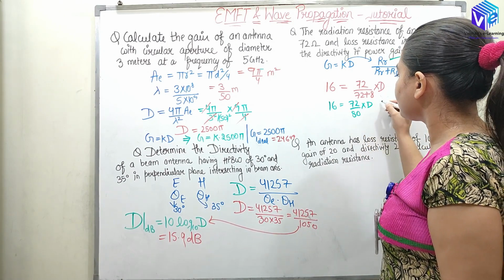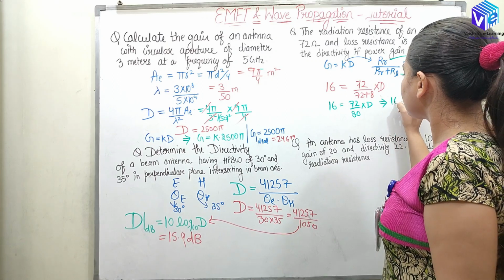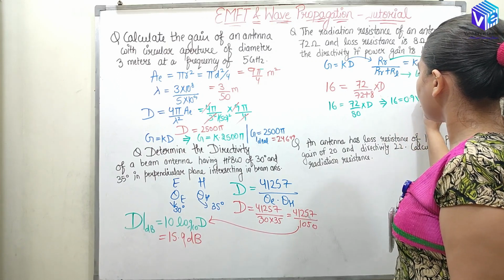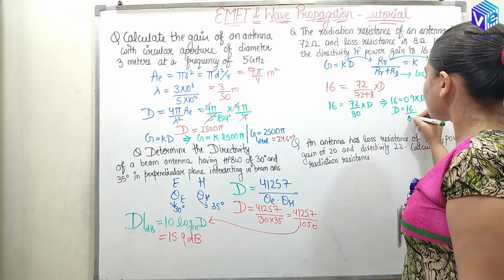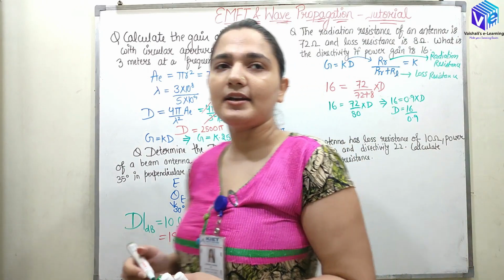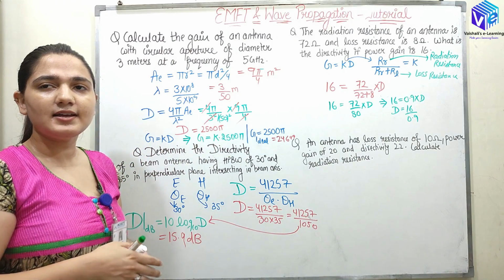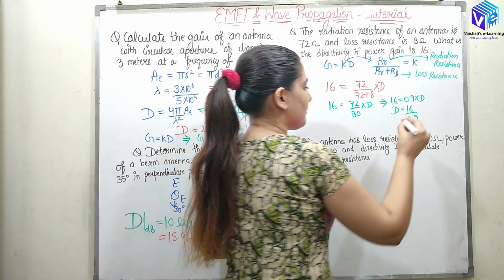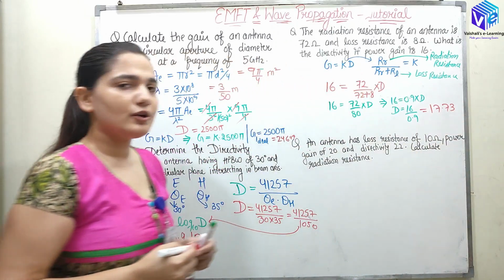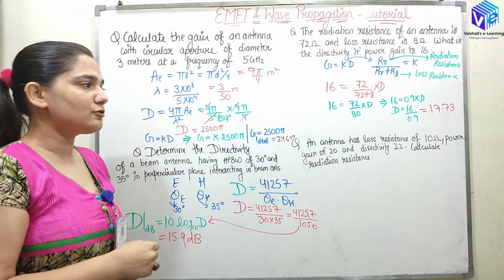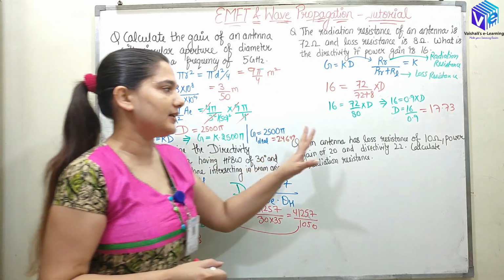So now we can cancel it out, and 16 is equal to 0.9 into directivity, and directivity will be equal to 16 upon 0.9. Now you can find out the answer, and the answer will be equal to 17.73. Okay, so now I hope you understood how I found out the directivity.